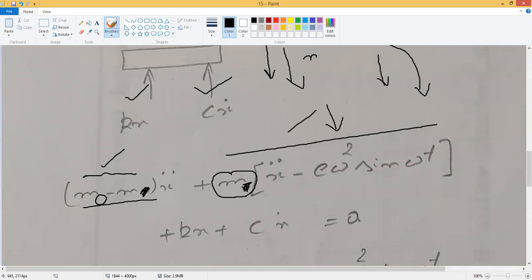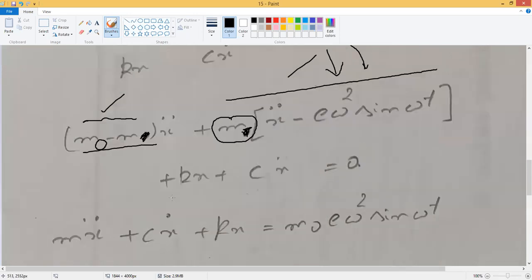This term is because of mass m, which is undergoing oscillation and also angular motion, plus the spring force and the damping force. So what I say is that this m multiplied by x double dot is going to cancel out.